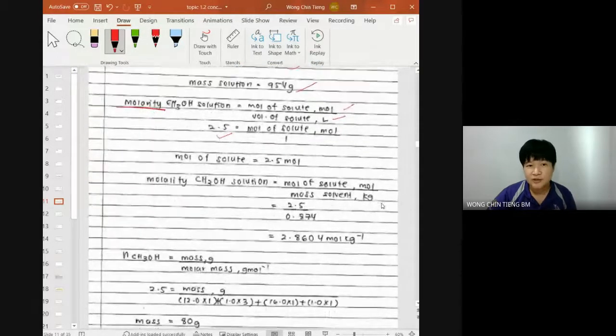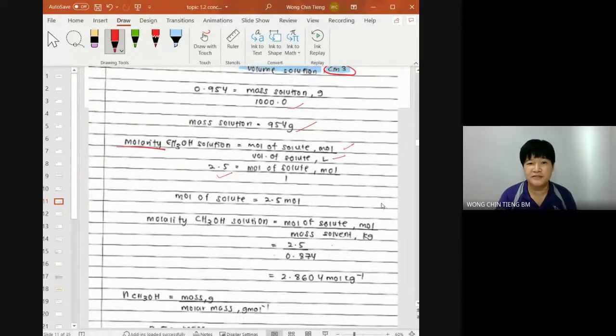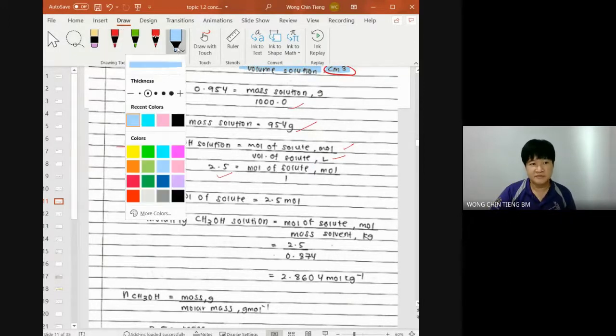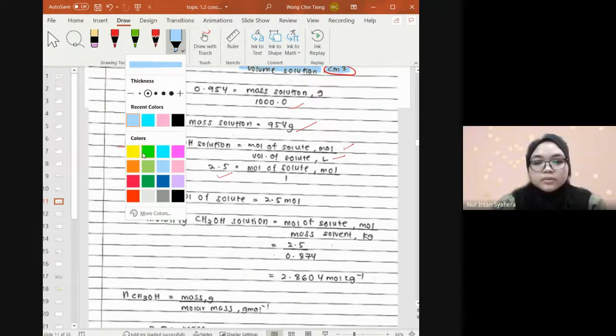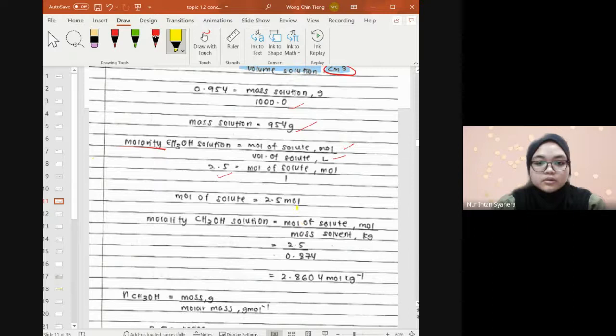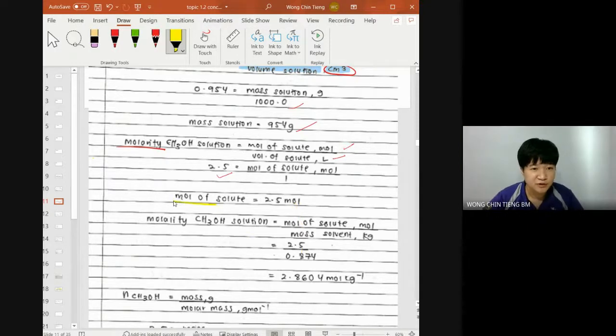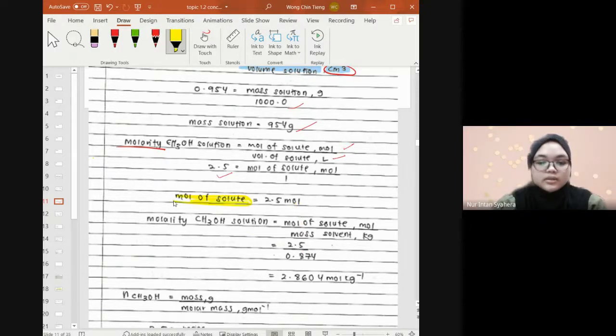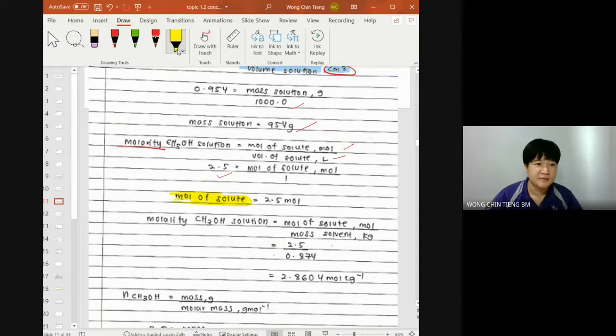Dia kira tu betul. But the problem arise. Apa salah dia? Dia tak tulis mol apa. Mol, siapa punya mol? Dia tulis mole solute saya terima je. Okay, dia tulis. Apa salah dia?